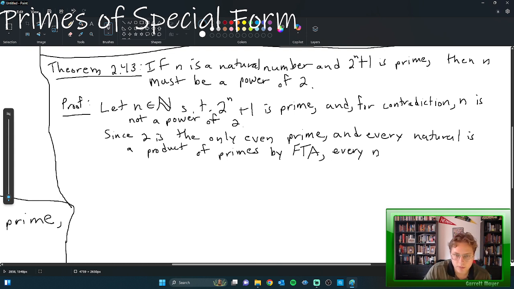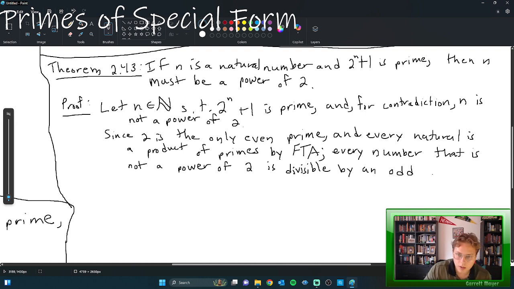Every number that is not a power of 2 is divisible by an odd number that is not equal to 1.